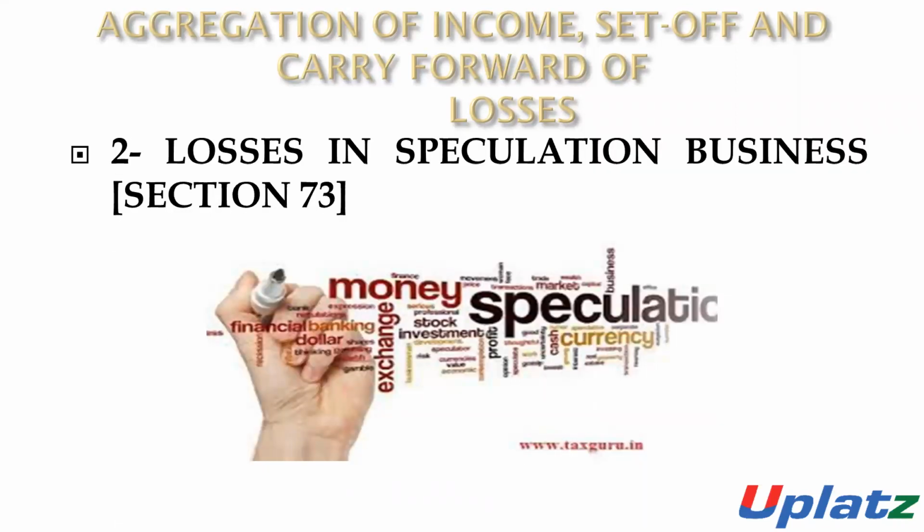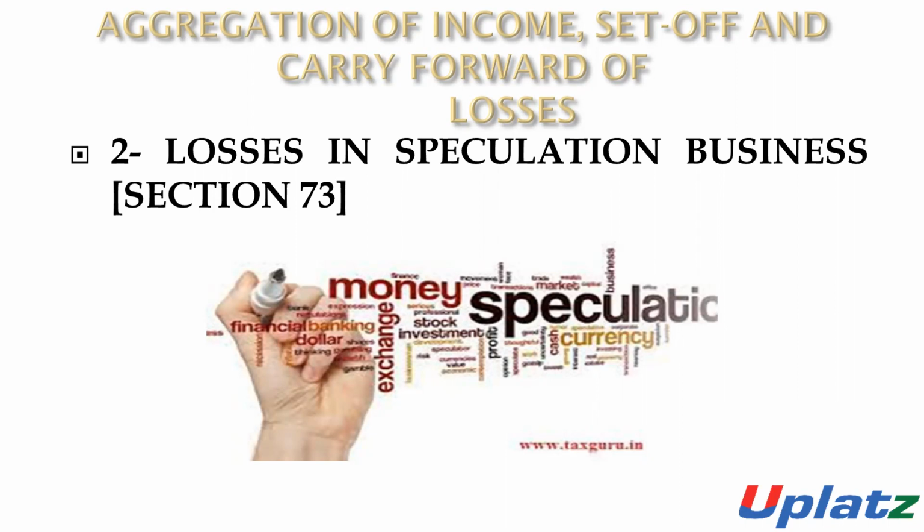So we have discussed set off and carry forward of business losses. Now we will discuss section 73, losses in speculation business. Now we will discuss when there is any loss which arises in the case of speculation business.